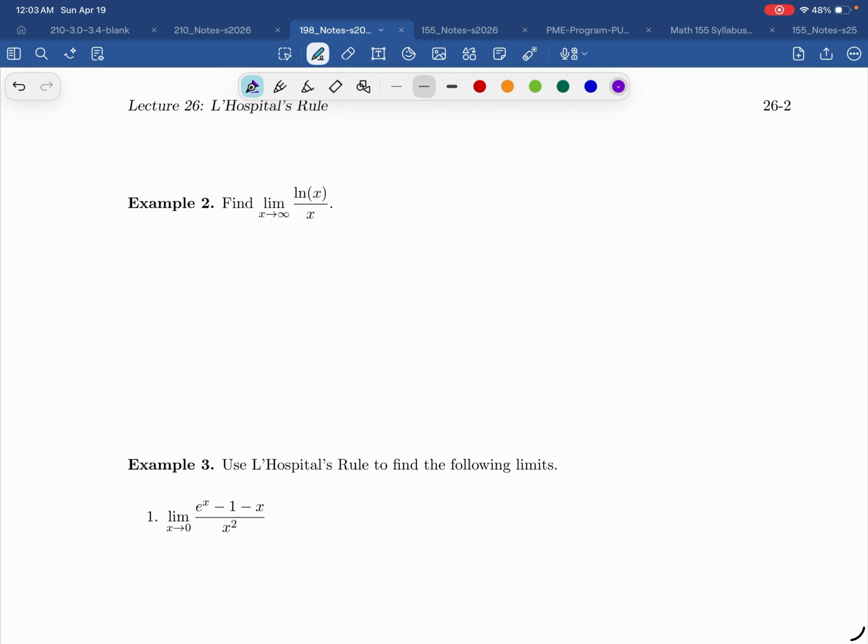If we were to solve this limit, find the limit as x approaches infinity of ln of x over x, what we do is we just take the limit as x approaches, well, not a, infinity. And by the way, this does work for infinity too.